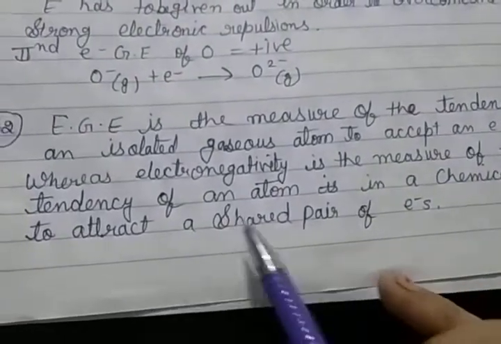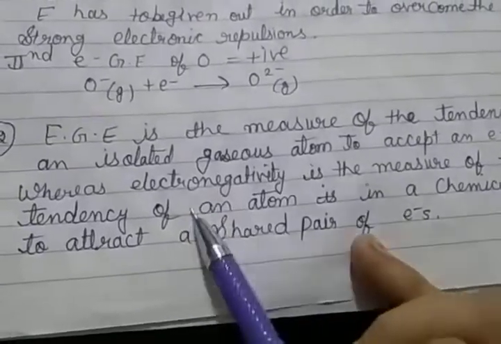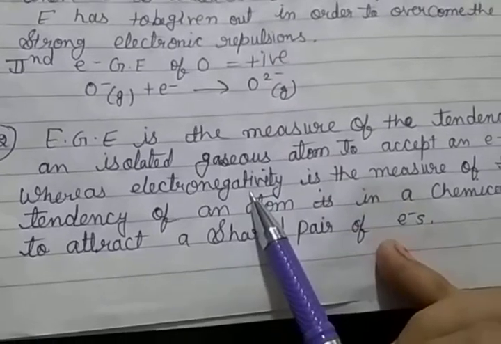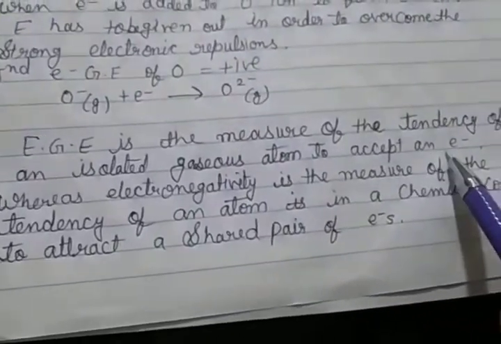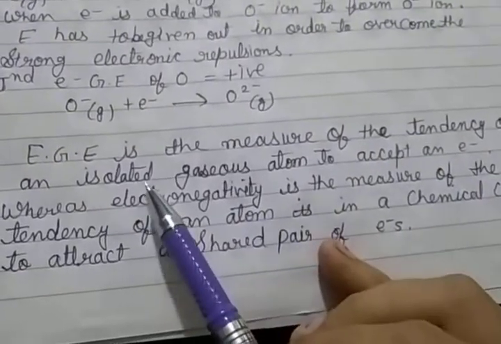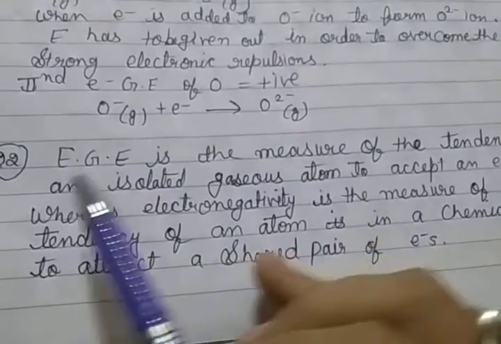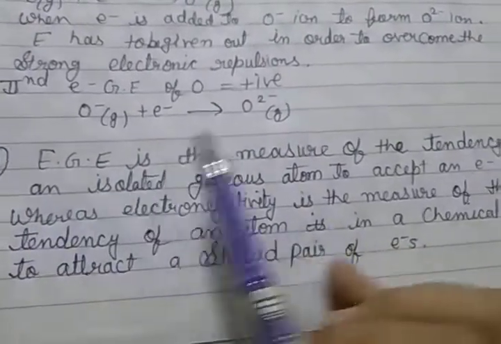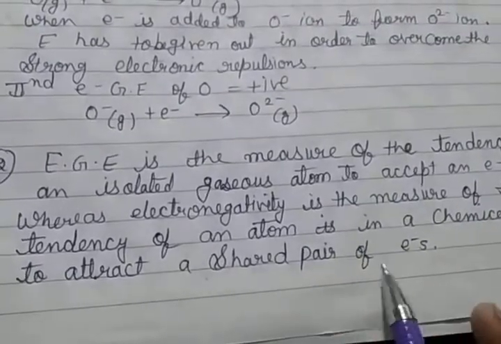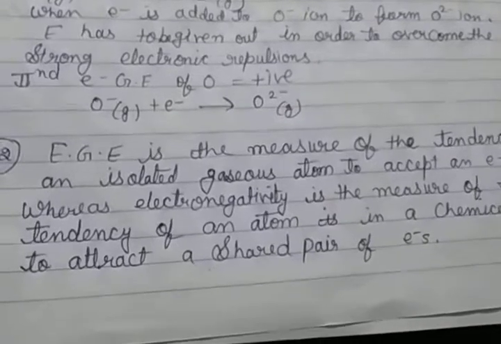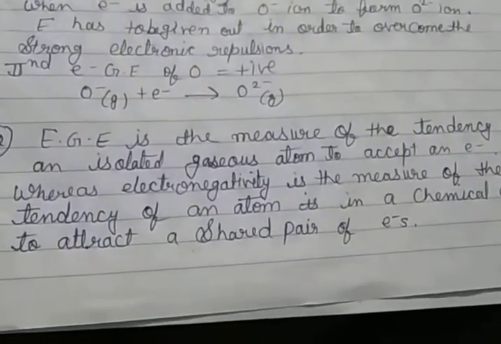When an atom attracts the shared pair of electrons, the measure is known as electronegativity. And when an isolated gaseous atom accepts one electron, the measurable quantity is electron gain enthalpy. So this is the main difference between electron gain enthalpy and electronegativity.